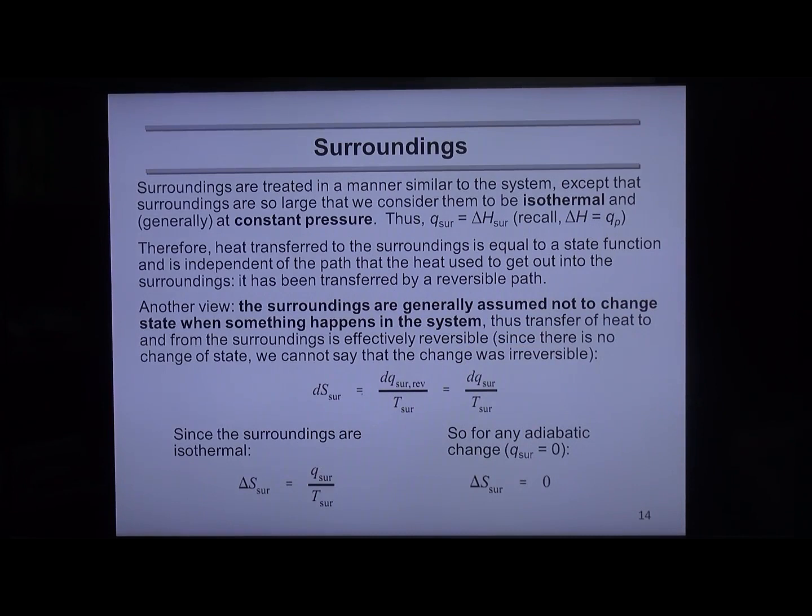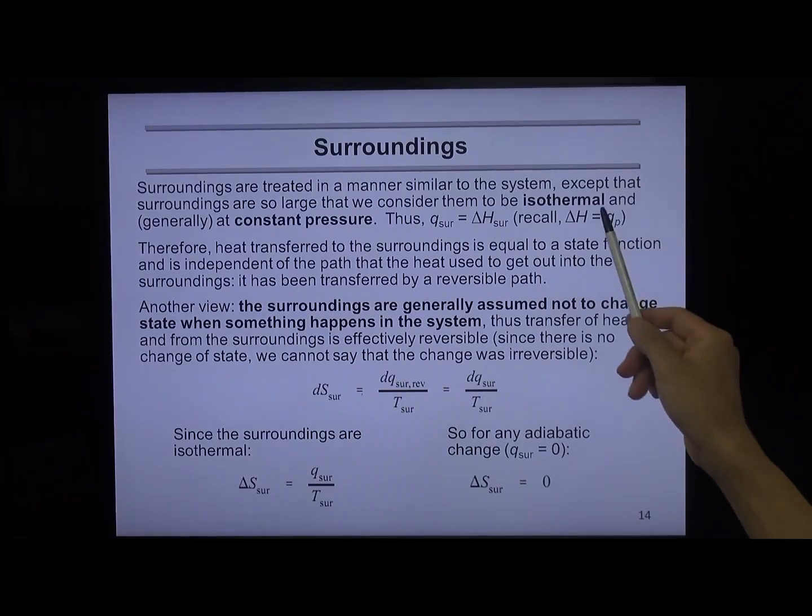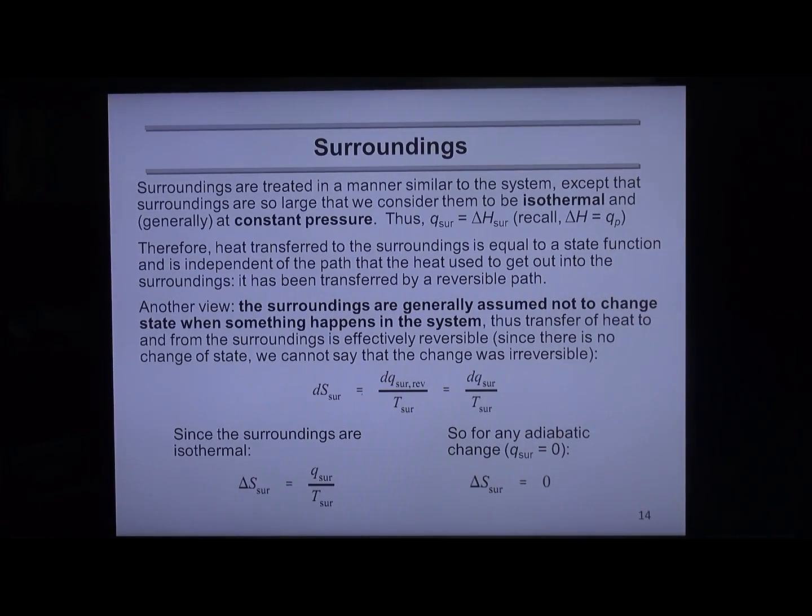Surroundings are something that are not the system. Although there is something going on between system and surroundings, they do work, they transfer heat, etc., we can assume that surroundings do not change temperature and they maintain constant temperature and constant pressure.